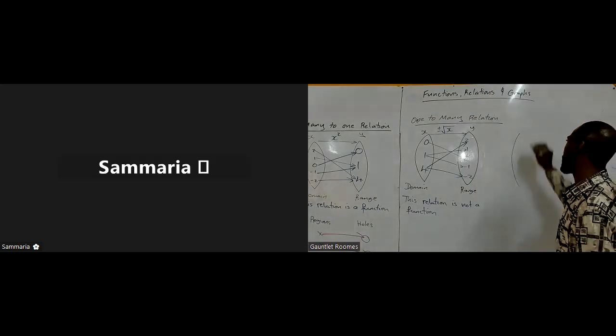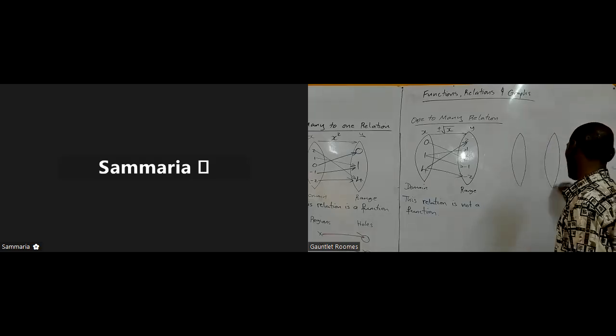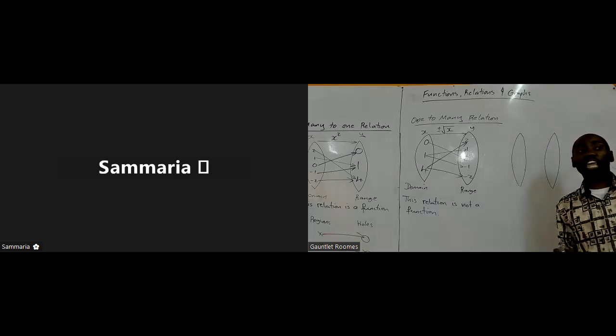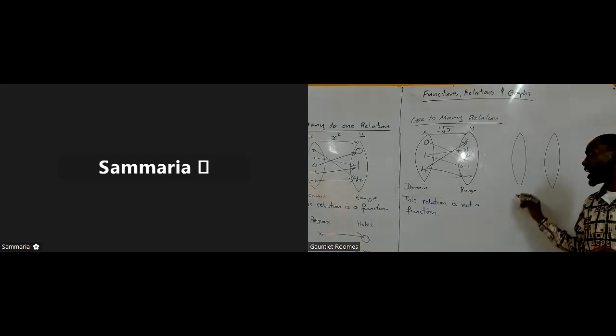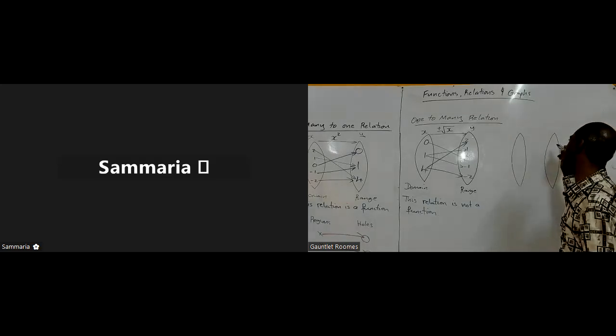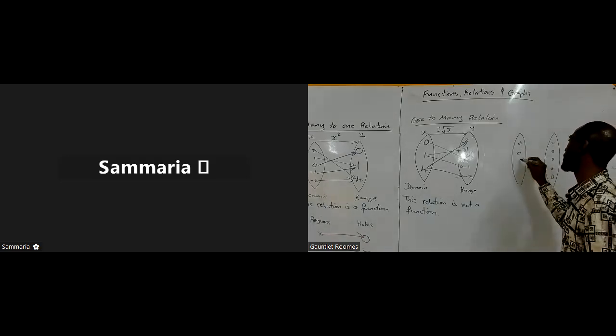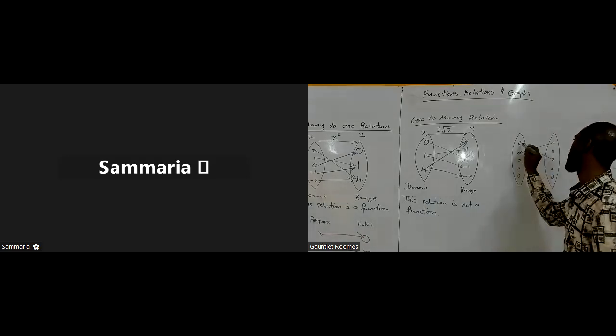You may see something like this, where they do not indicate which is the domain and which is the range by writing it, but they will do something like this. Yes. They will do something like this.